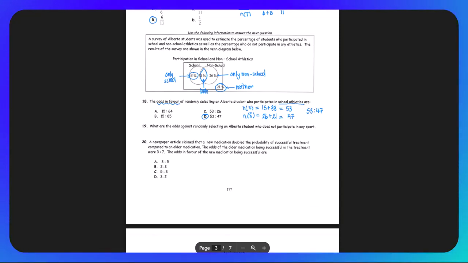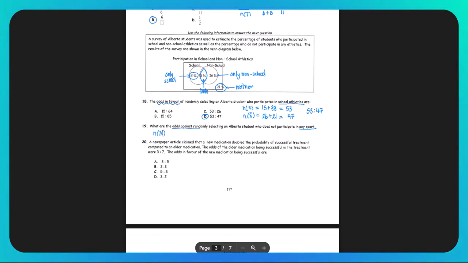What are the odds against randomly selecting an Alberta student who does not participate in any sports? So they're not participating in any sports, and that's the odds against them. Okay, well, first of all, the number of ways they're going to not participate, let's call that N for neither. Neither sport. Well, we know out of 100, that's going to be 21.